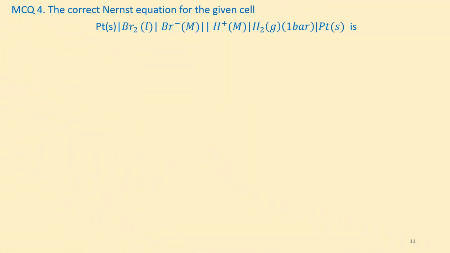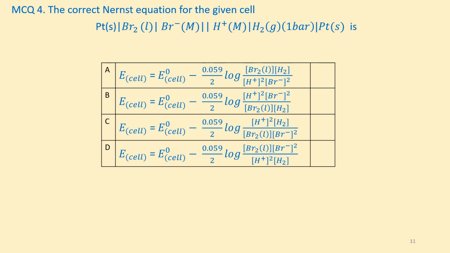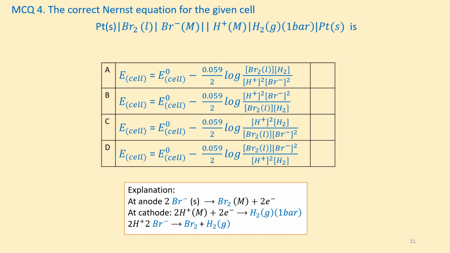Next question. The correct Nernst equation for the given cell is Pt(s) | Br2(l) | Br- (M) || H+ (M) | H2 gas at 1 bar | Pt(s). Four options are displayed on the screen. Examine this and see that platinum is an inert electrode.